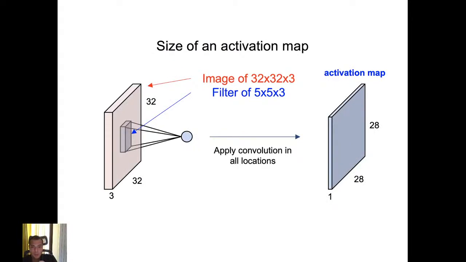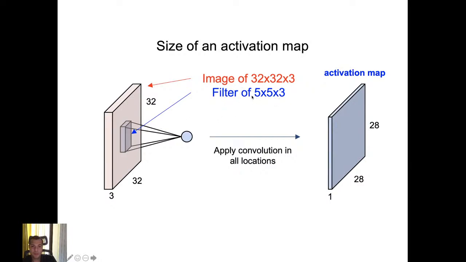Okay, so an activation map, its size depends on the input. We have an activation map here as input with 32 by 32, and we have 3 activation maps. This is the number of activation maps, and we apply a filter of 5 by 5 by 3.